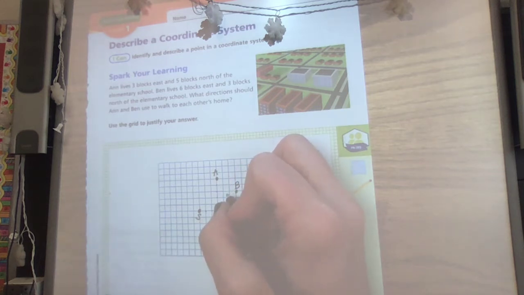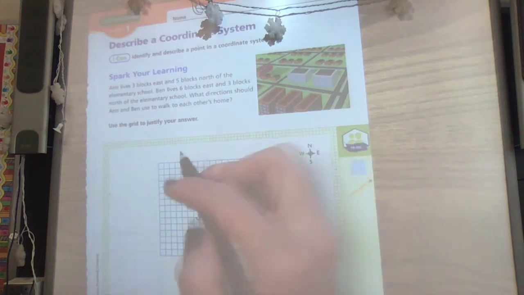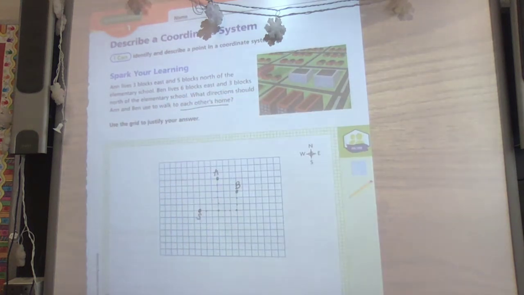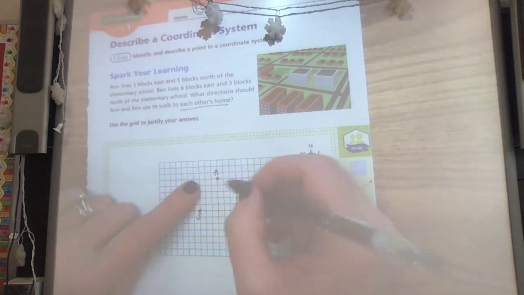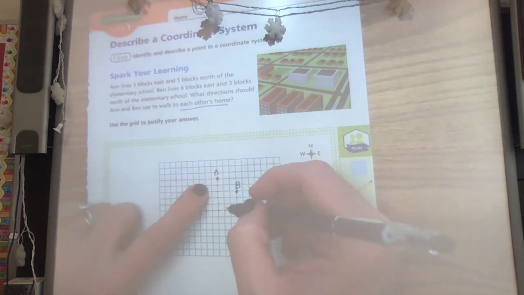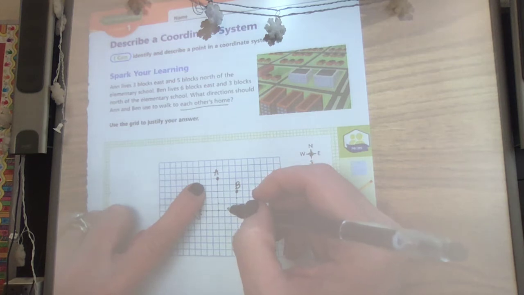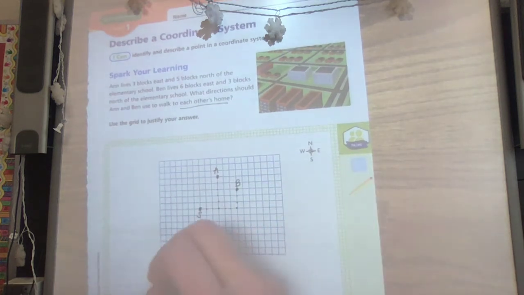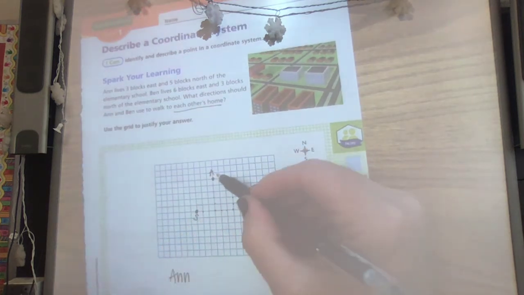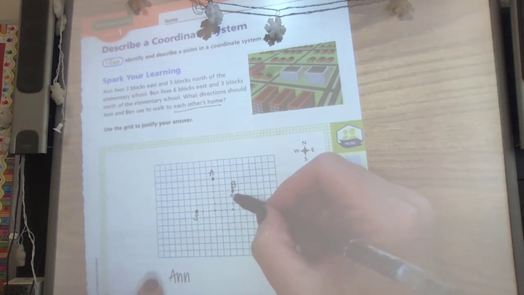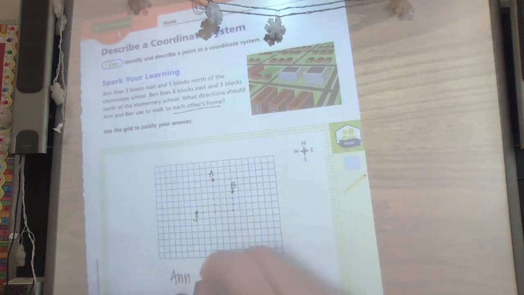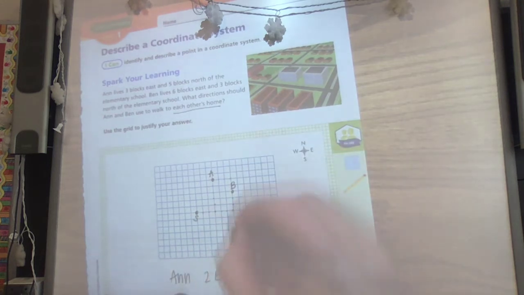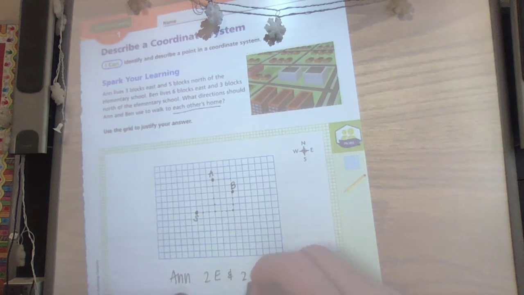What directions should Anne and Ben use to walk to each other's home? Now that I know how far they live from school, if Anne wants to go to Ben's home, she could walk 1, 2, 3 blocks east and 1, 2 south, because she's going down.